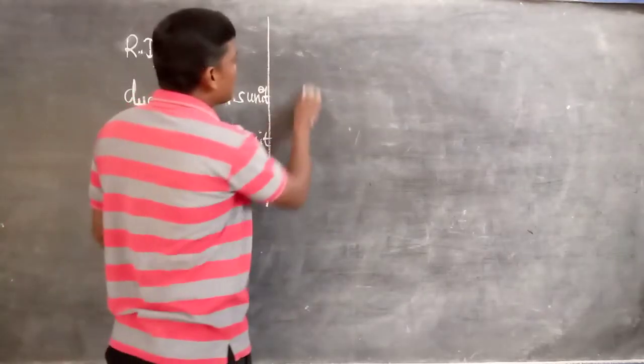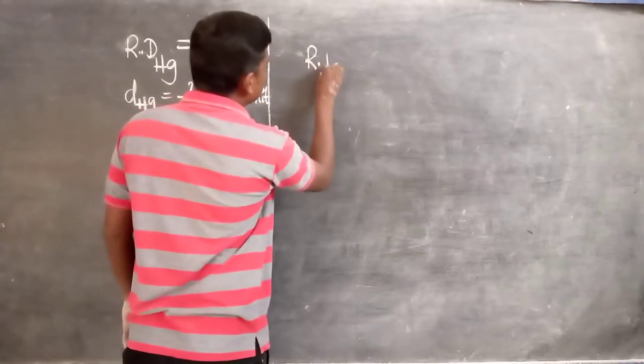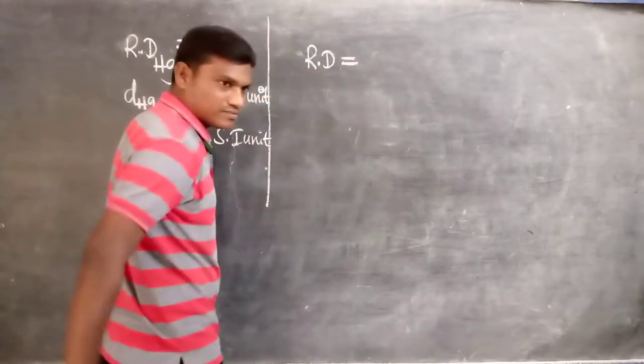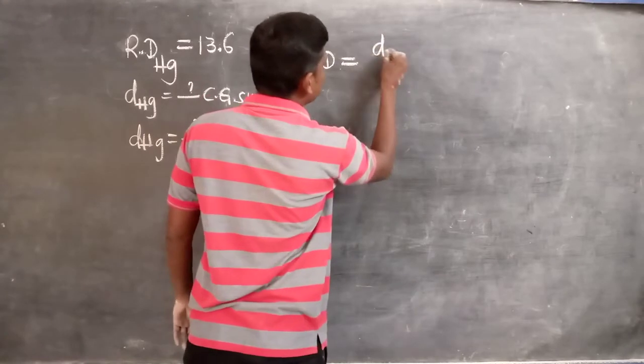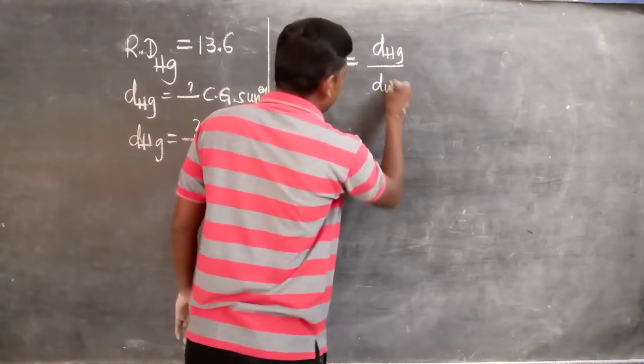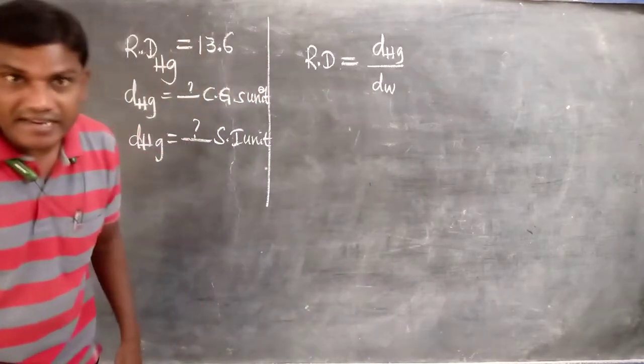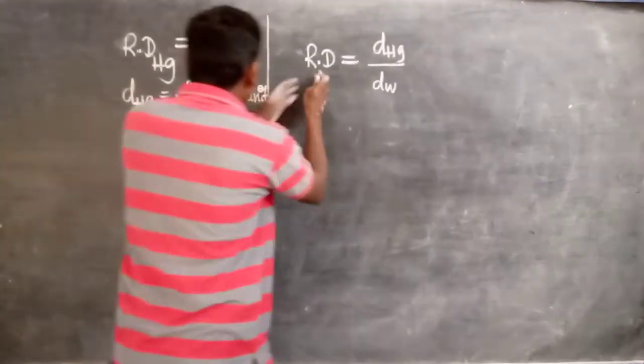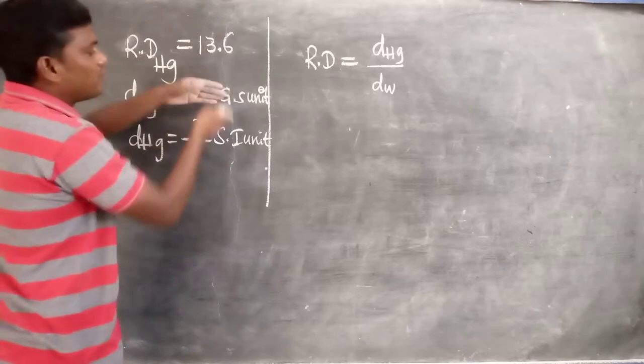So we know the formula very clearly. Relative density is equal to the density of the substance, here mercury, upon the density of water at 4 degrees Celsius. First you can find the CGS unit.